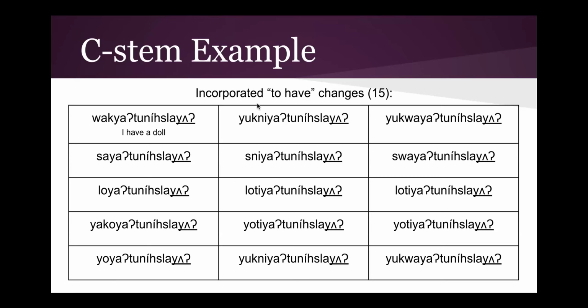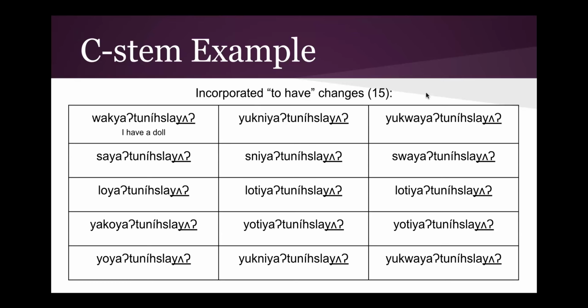And then over here to column 2, Jungniyat dunislai. Sniyat dunislai. Lodiyat dunislai. Yodiyat dunislai. Jungniyat dunislai.